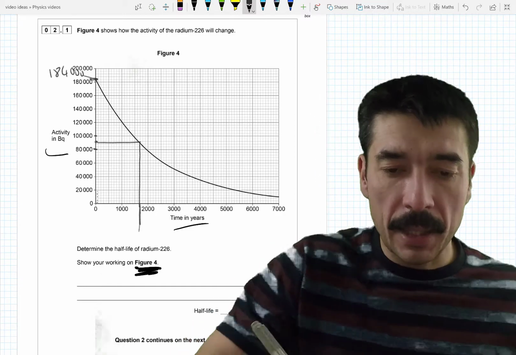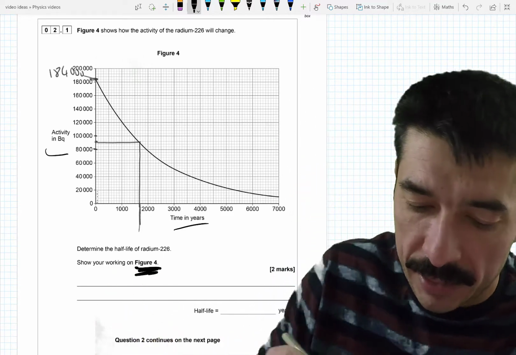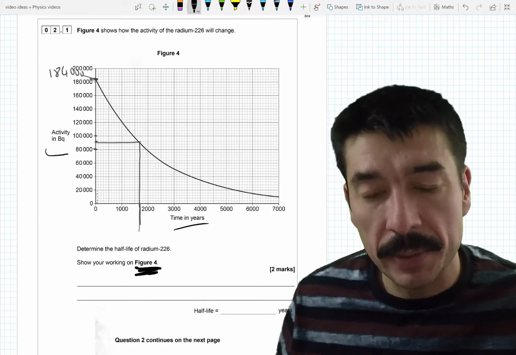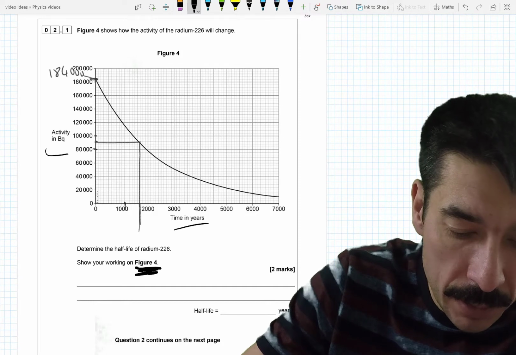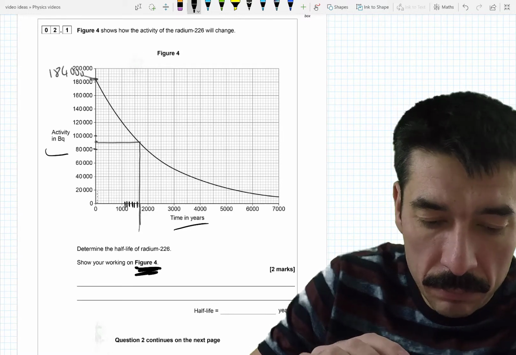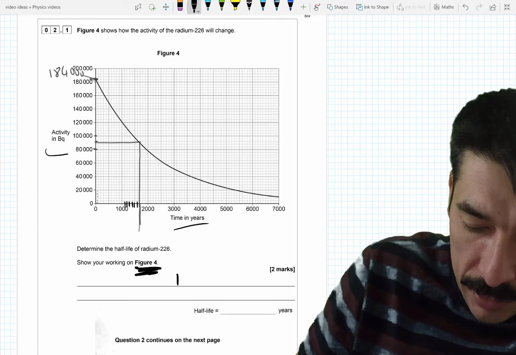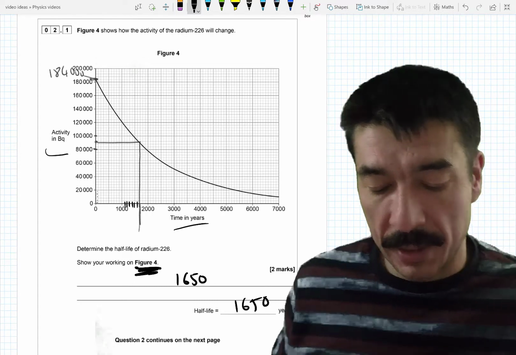Okay, so I'm getting a value here of, again, I'm going to have to work out the scale of the graph. Here 10 divisions is equal to 1,000, so each division is worth 100. So this is 1,100, 1,200, 1,300, 1,400, 1,500, 1,600, 1,650 maybe. So 1,650 years.